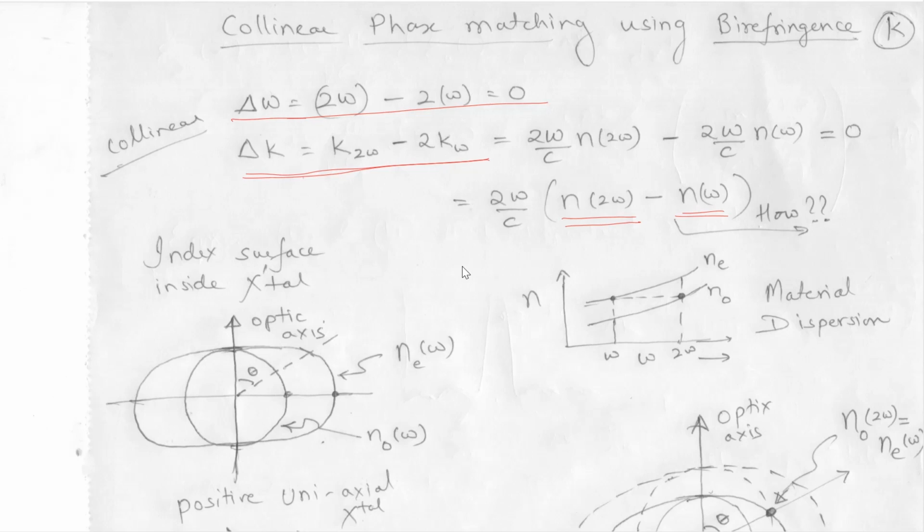So for this, I'm now briefly introducing to you a birefringent crystal. A birefringent material in this scenario is a crystal where we have two different refractive indices experienced by two different polarizations. There is something called an E ray and an O ray. E stands for the extraordinary ray and O stands for the ordinary ray.